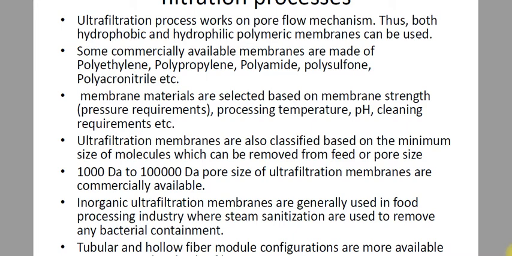The pore sizes of the different membranes available in the market range from 1000 Dalton to 1 lakh Dalton. Generally, for a particular membrane there is a range like 1000 to 5000 Dalton or 5000 to 10,000 Dalton. This is the range which is available in the market.